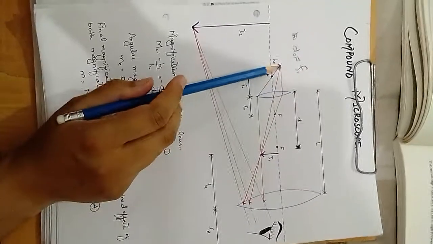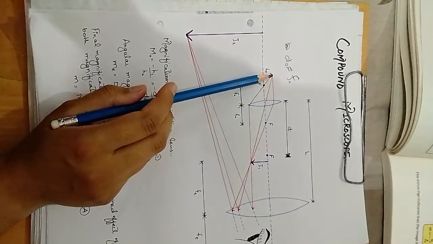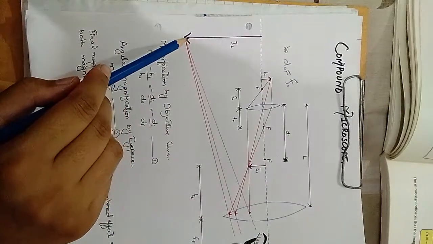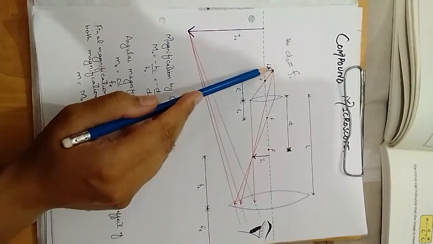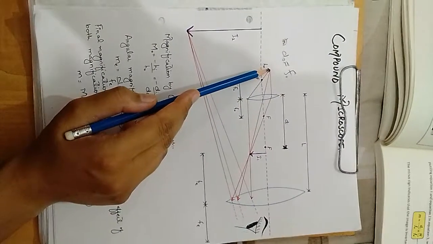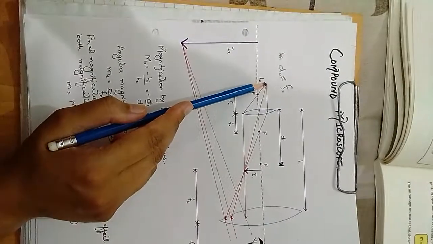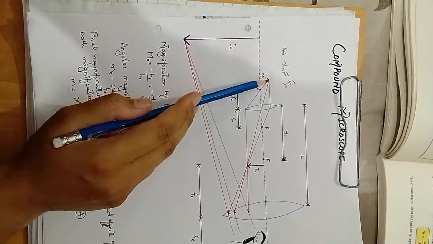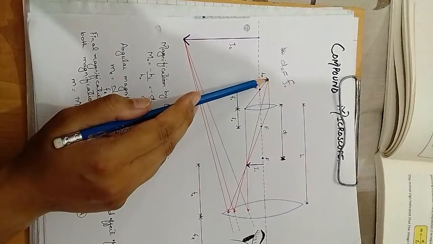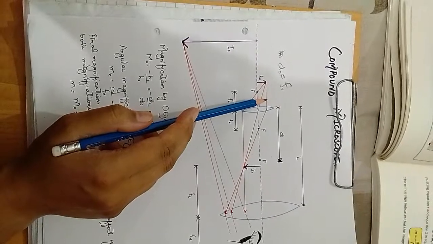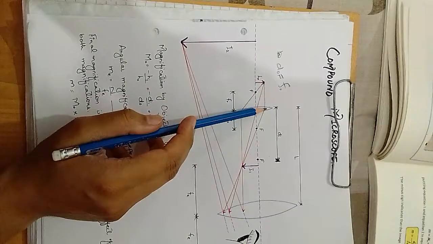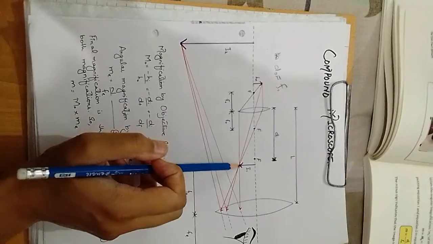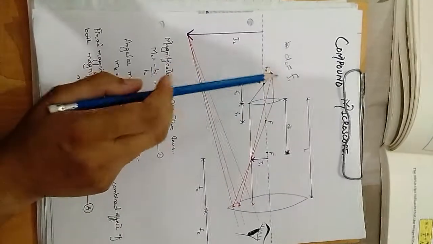To make the image using these two lenses, we have to draw the ray diagrams. Here is our object, and we draw three rays as we've always been drawing. This ray strikes the lens and gets refracted through the focus at a certain point and beyond.